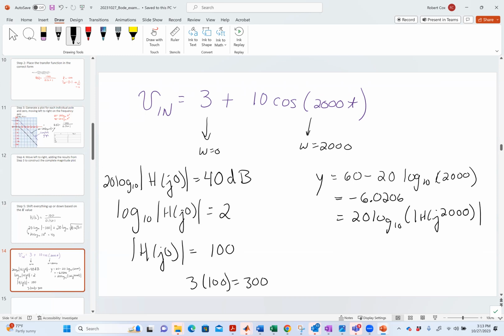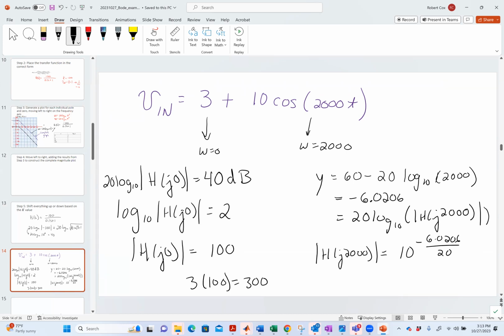If I want to undo that, the magnitude of H of j2000 is equal to 10 to the minus 6.0206 divided by 20.